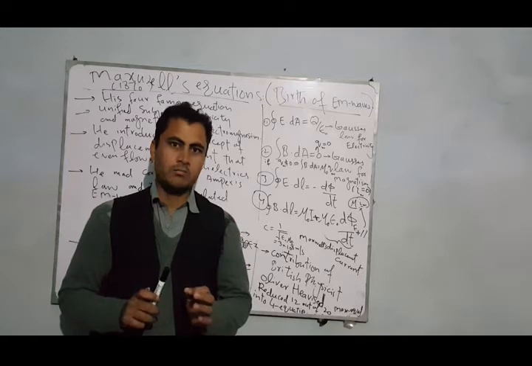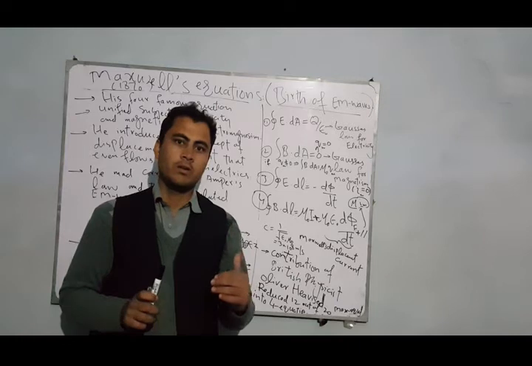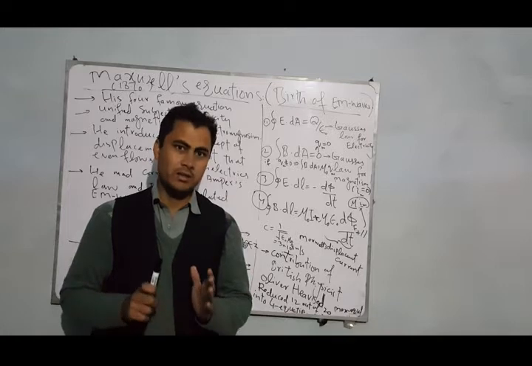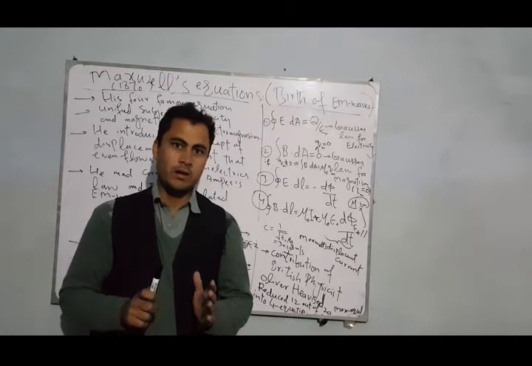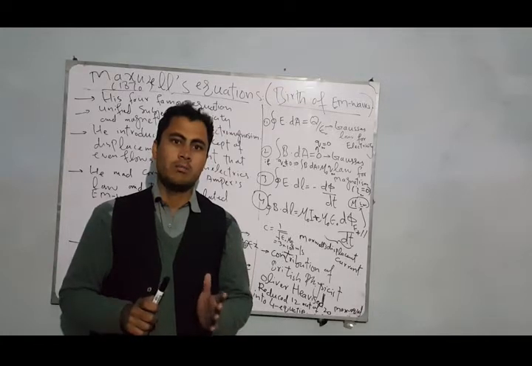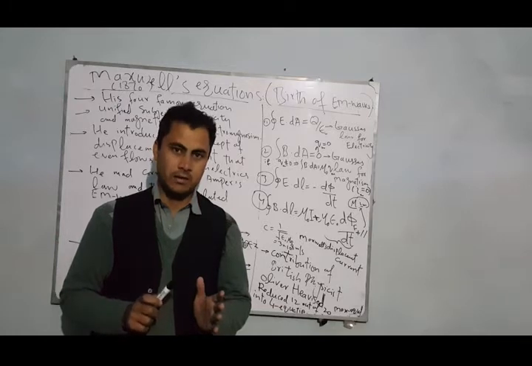For that, Maxwell came and unified all of these laws and developed a set of simultaneous equations, known as Maxwell's equations, and these equations give rise to electromagnetic waves, because on the basis of these equations Maxwell theoretically predicted the speed of light, which is equal to 3 times 10 power 8 meters per second.